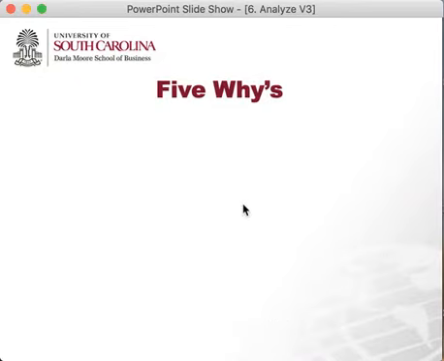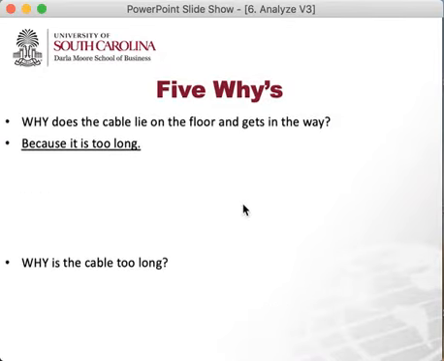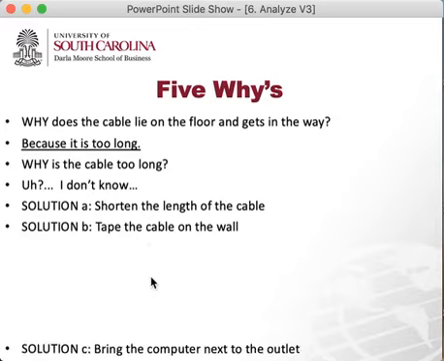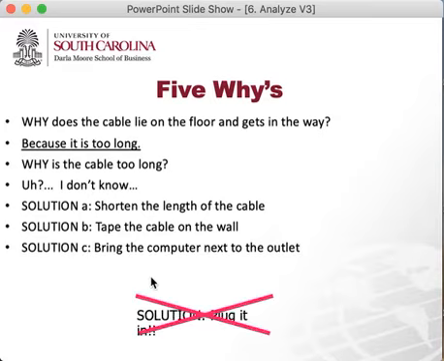And this is a solution. Then, if the cable is too long, we'll have a sixth why: why is it too long? Well, we don't know. So we can have two things: we can shorten the length, or we can tape it to the wall so no one can unplug it. Bringing it to the next computer, or putting the computer in front of it and plugging it in, is not a solution to the problem of people unplugging it.